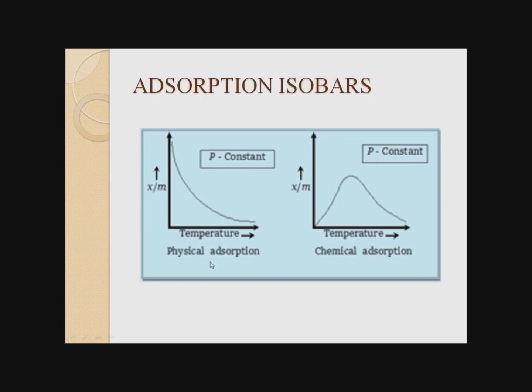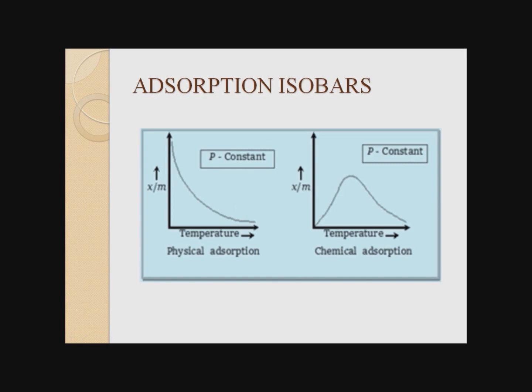It shows a decrease in x by m throughout with rise in temperature. This is because the molecules on the surface of the adsorbent are not bonded by chemical bonds, and with the rise in temperature they get easily removed from the surface.